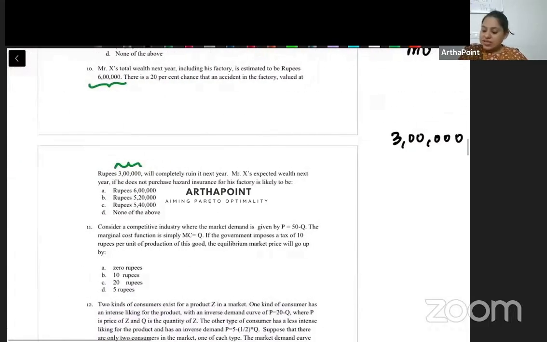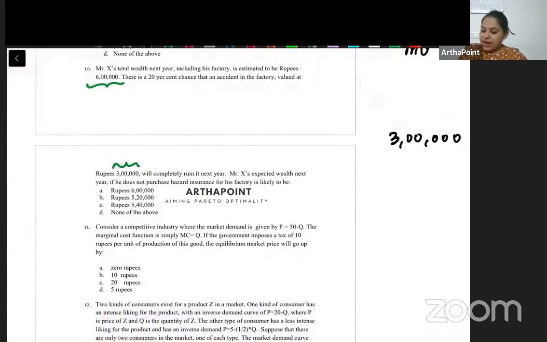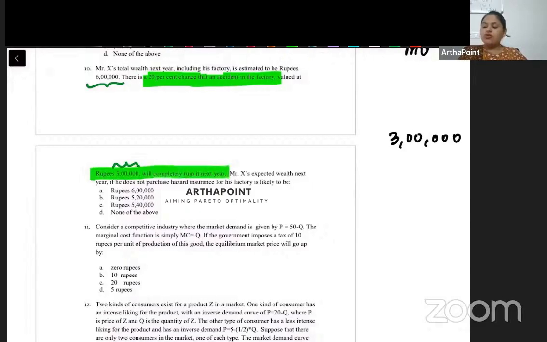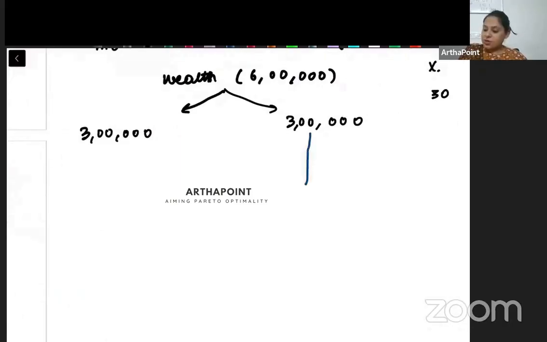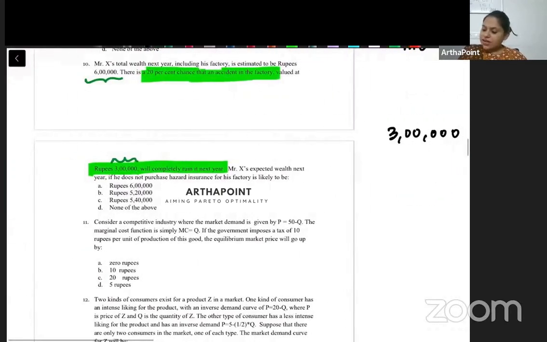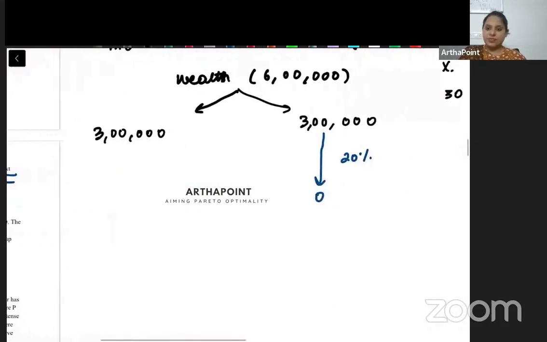It says there is a 20% chance that an accident will occur in the factory, valued at 3 lakh, and it will be completely ruined. So there is a 20% chance that this 3 lakh will turn out to be 0. It says find the expected wealth next year if he does not purchase insurance for this factory.